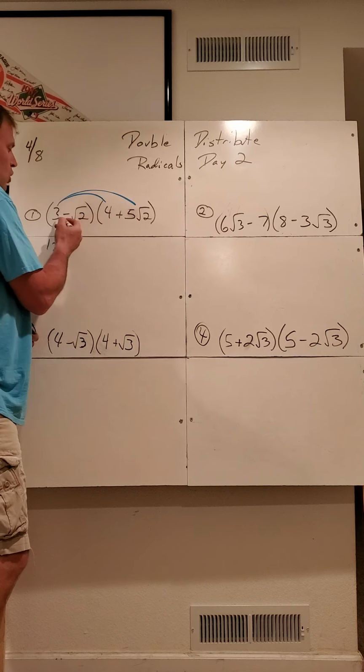Square root of 4, that's one of those perfect squares. It's 2 times 2. So I know the square root of 4 is 2. So this is the same as 5 times 2. So now I've got 12 plus 15 root 2 minus 4 root 2 minus 10. See, I told you I was getting a little ahead of myself there.